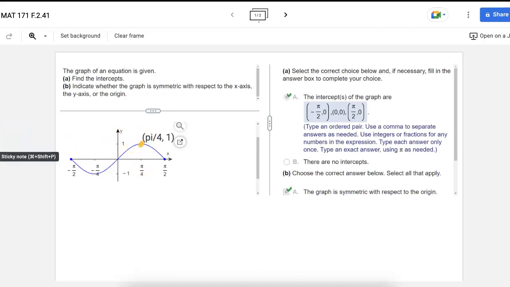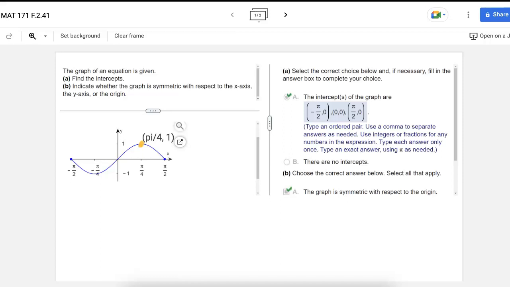And if this graph is symmetric about the origin, if you'll think back to our slides earlier, and you can go back to those slides if you need to, you'll recall that the point negative x, negative y, or opposite x, opposite y, should also be a point on this graph.